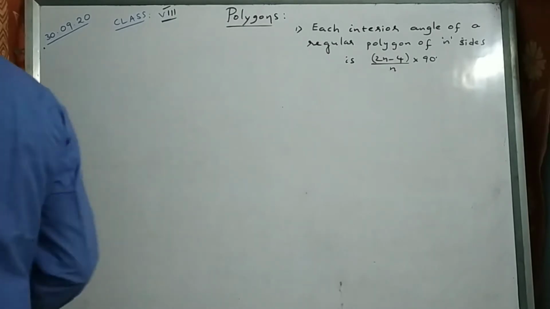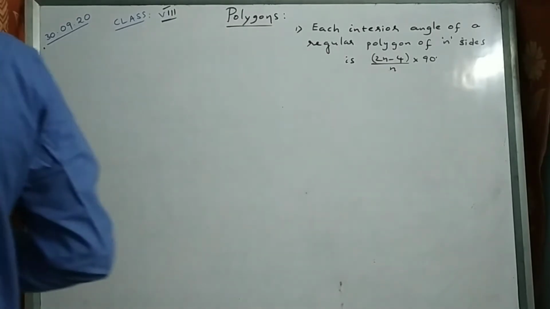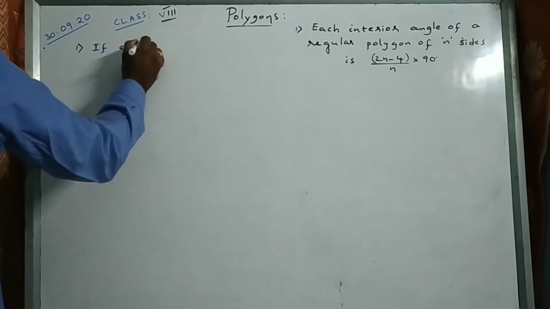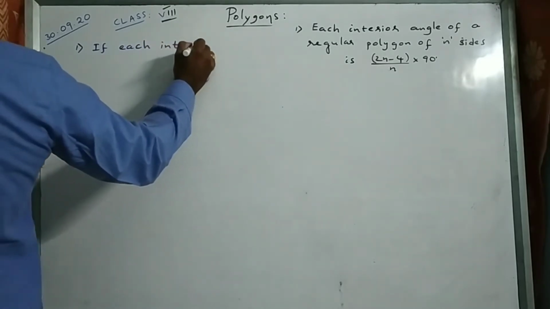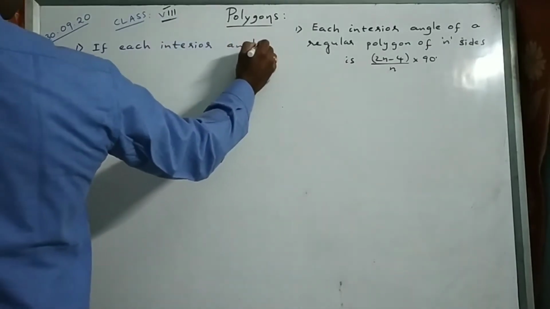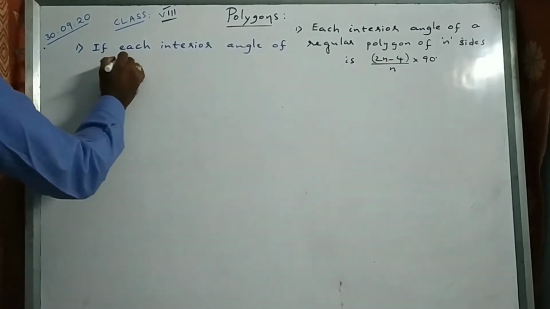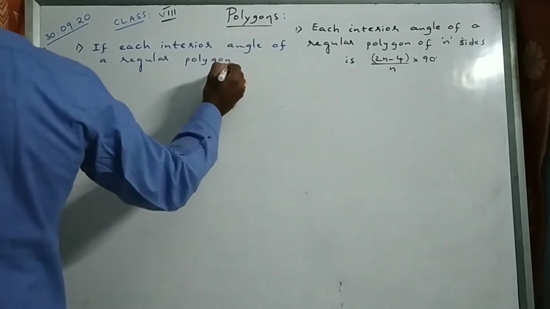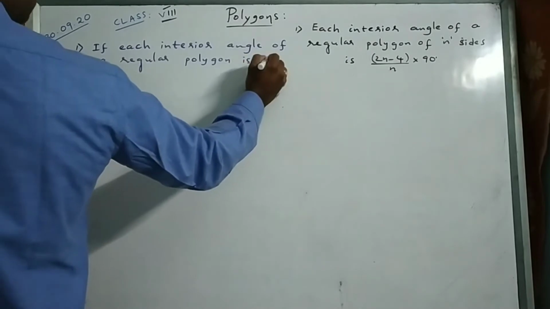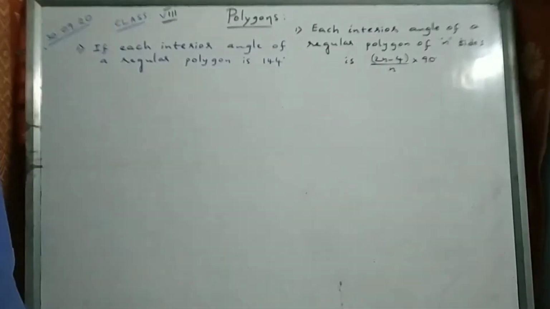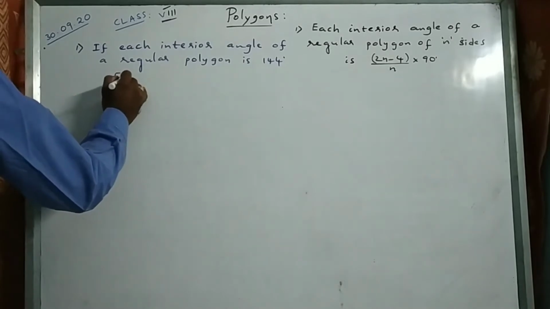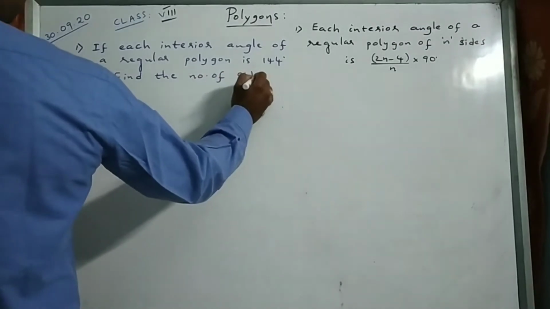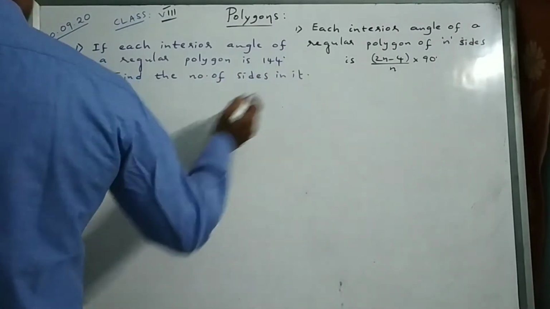So let us see one problem here. If each interior angle of a regular polygon is 144 degrees, find the number of sides in it.